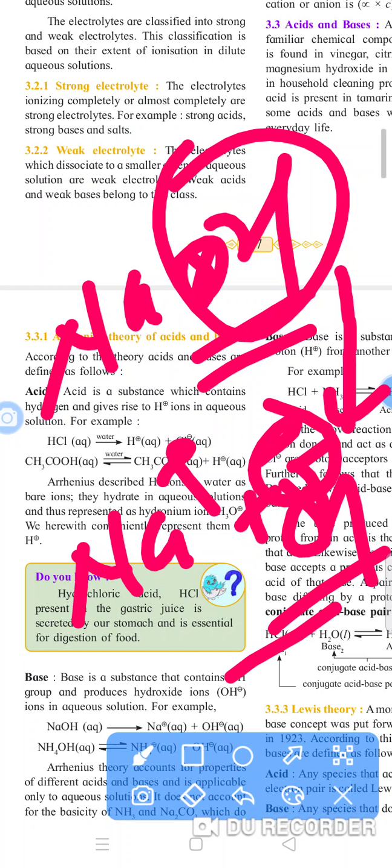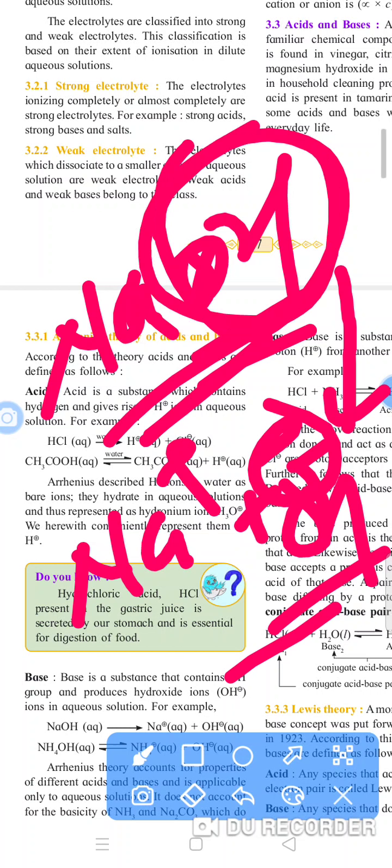Substances which contain the hydroxyl group and give OH minus ions in aqueous solution are called bases. In this example, NaOH contains OH and gives OH minus ions, hydroxide ions, when dissolved in water. Therefore, it is a base.